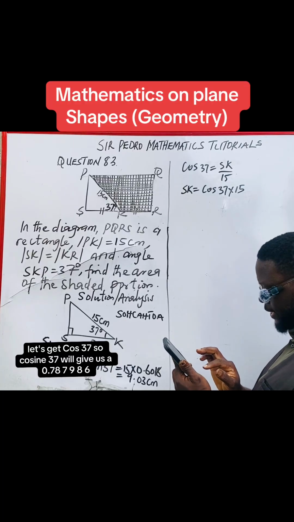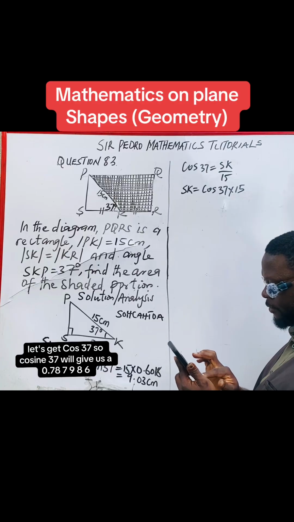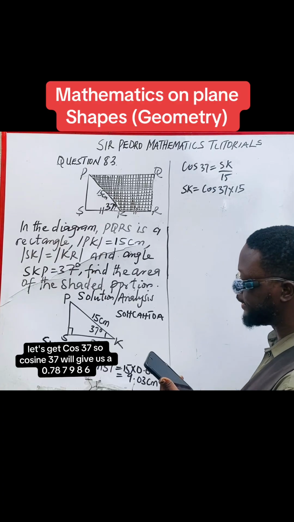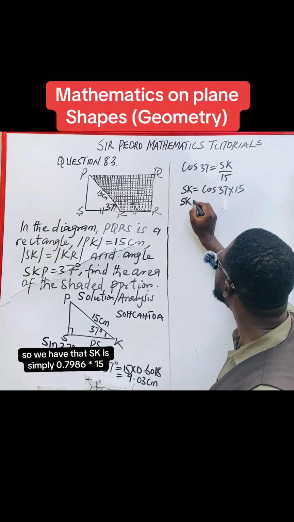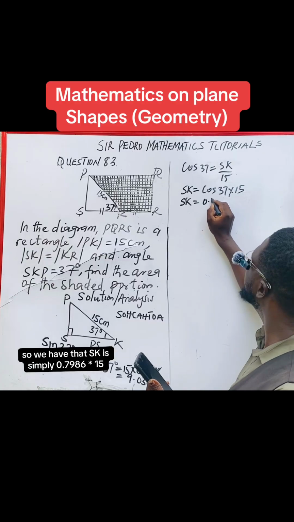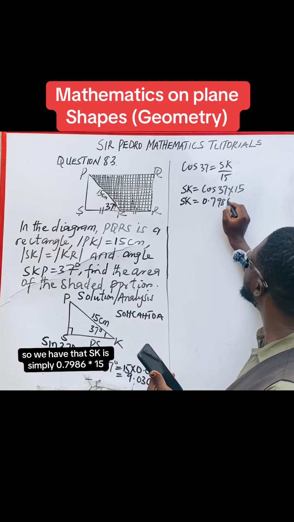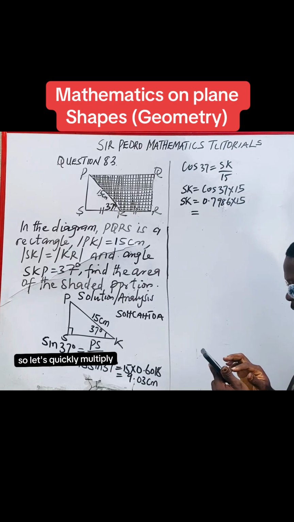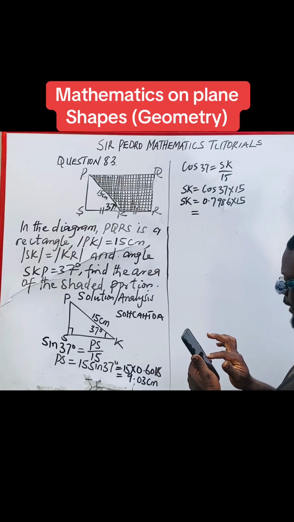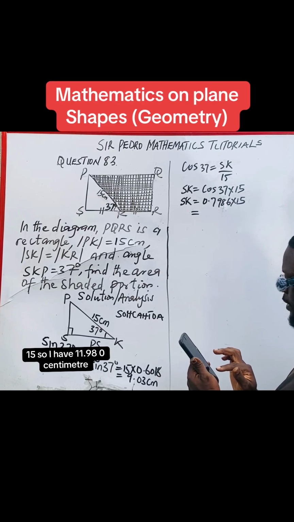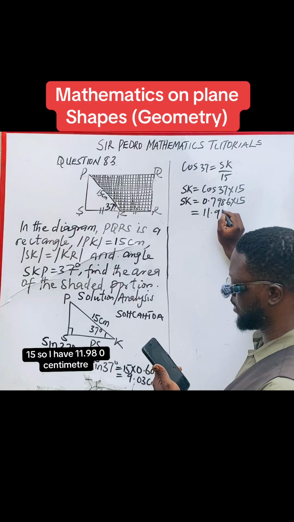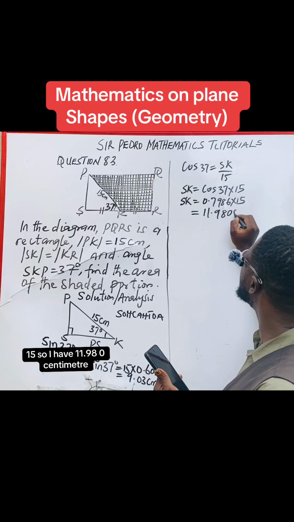Cosine 37 will give us 0.7986. So SK is simply 0.7986 times 15, which gives 11.980 centimeters.